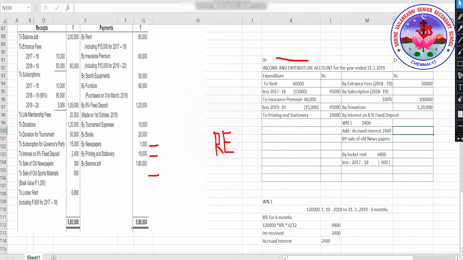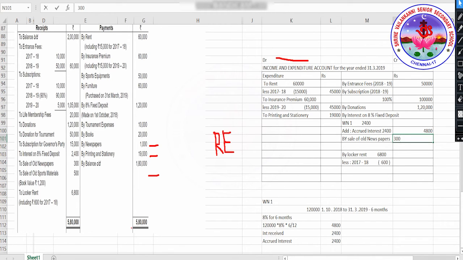This should also be mentioned here. So the total is 4,800. By sale of old newspapers: how much is the sale of old newspapers? We have the sale of old newspapers at 300, so I'm going to mention that.